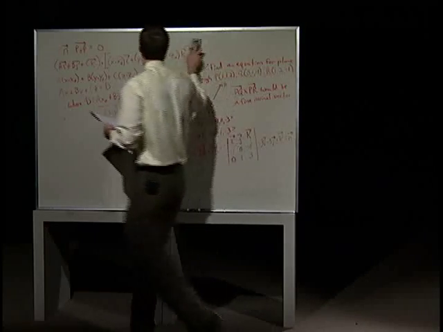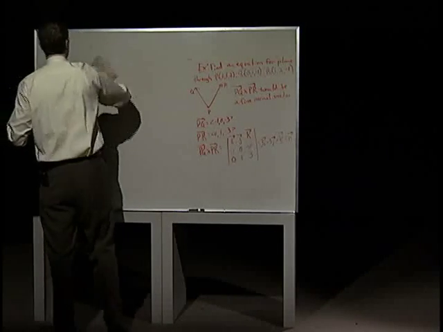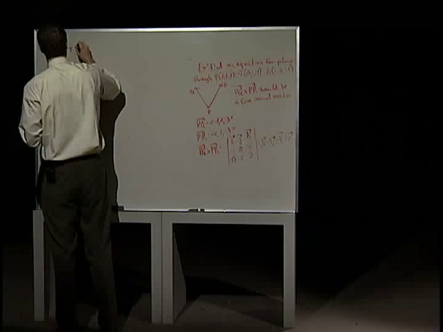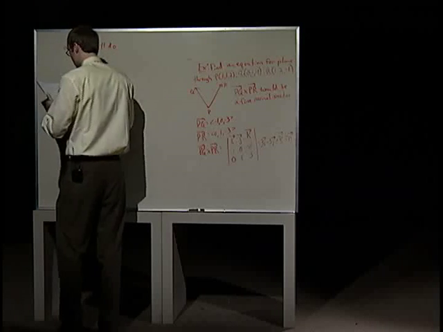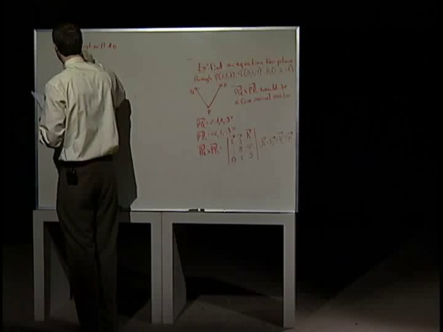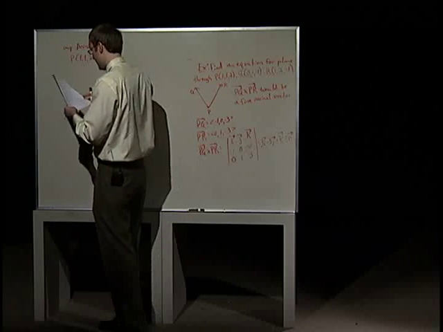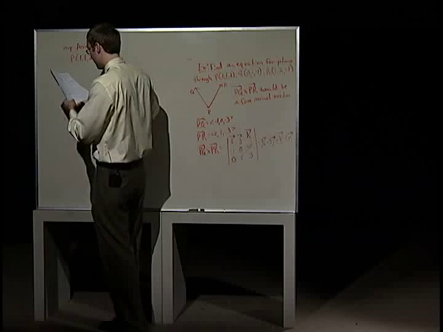Let me come over here and continue working. So any point will do. I like P, but if your name starts with Q, you can use Q if you want. So any point will do as our P naught.